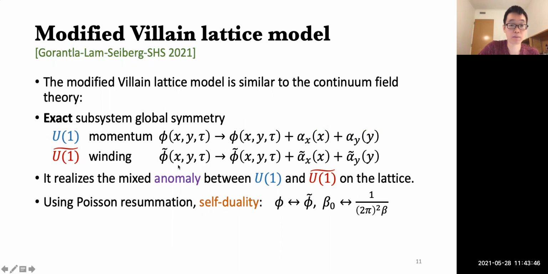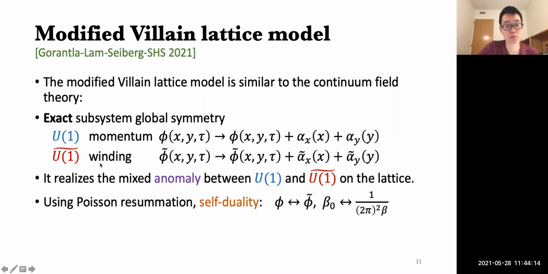Similar to the 1+1D XY model, the modified Villain lattice model here is very similar to the continuum field theory. In particular, it realizes the exact U(1) momentum symmetry, the exact U(1) momentum subsystem symmetry, and the U(1) winding subsystem symmetry. The U(1) momentum subsystem symmetry acts on the fields by shifting them by a function of x plus a function of y. That's why it's a subsystem symmetry.